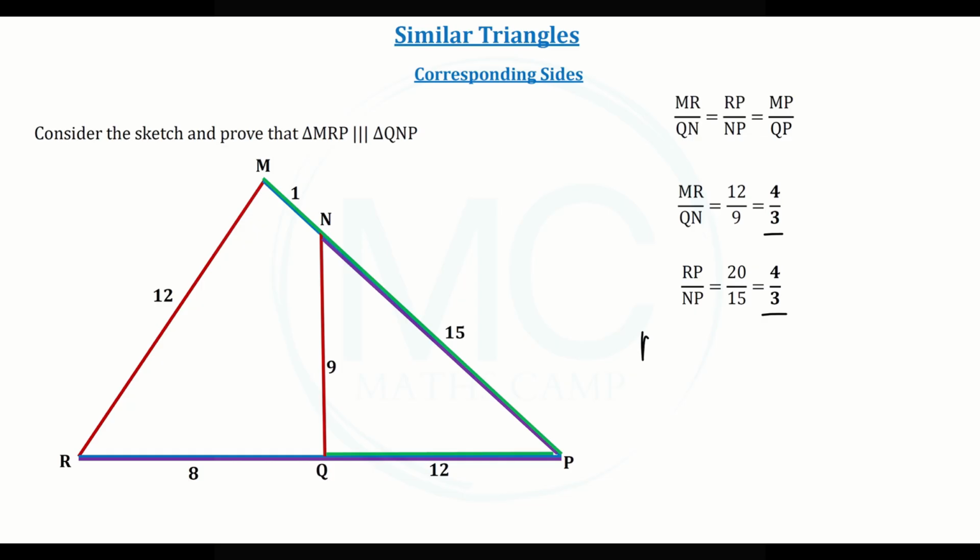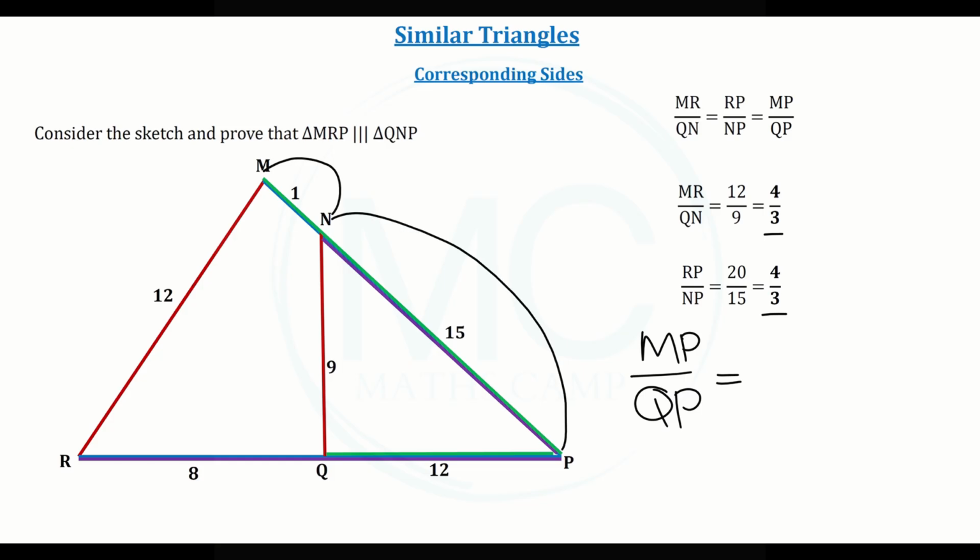So we can say MP over QP is equal to, MP runs from M to N and then to P. So the length of MP is 1 unit plus 15 units, which gives us 16 units, over QP, which is simply 12. 16 and 12 are both divisible by 4. 16 divided by 4 gives us 4, over 12 divided by 4, which is 3.